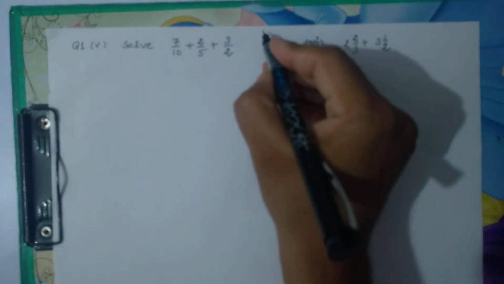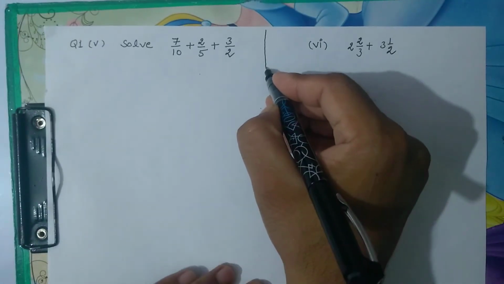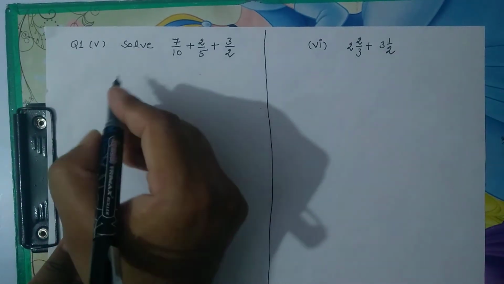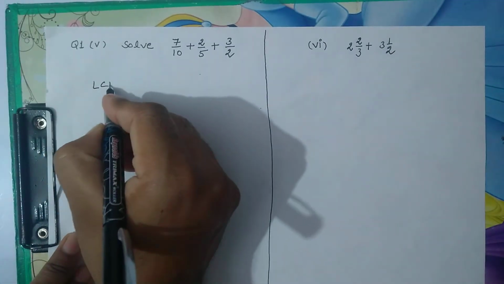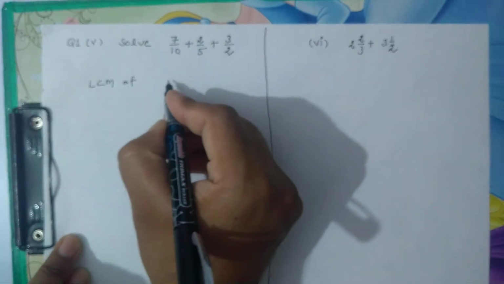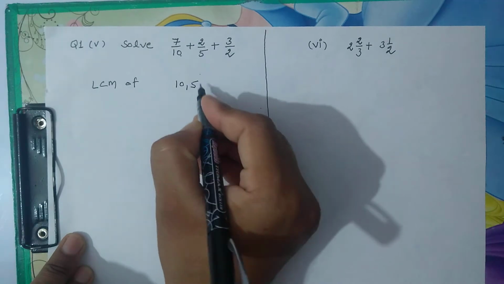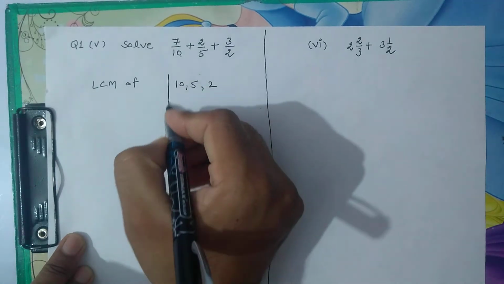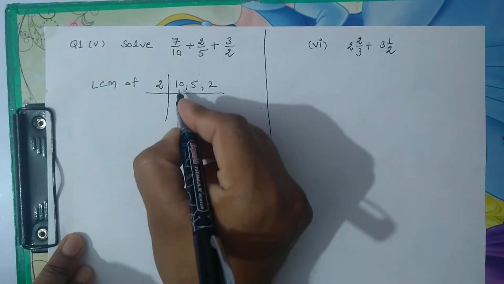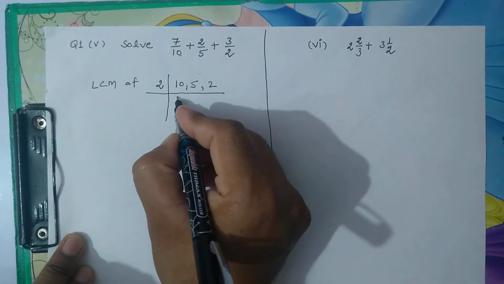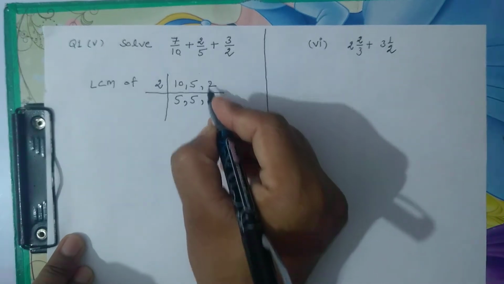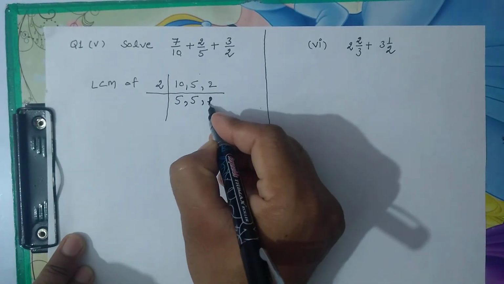Now coming to the next part, number 5. Here what is the LCM of 10, 5, 2? First of all, divide each number by 2. 10 divided by 2 is 5, 5 stays, 2 divided by 2 is 1.